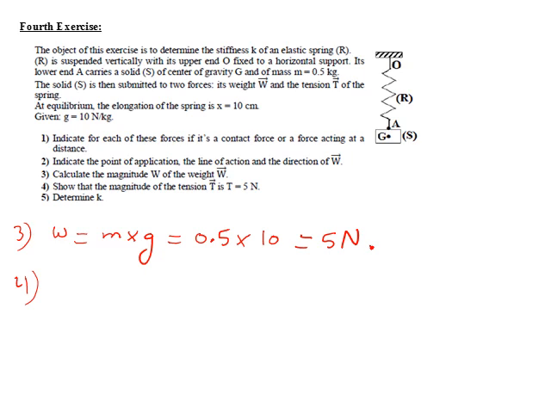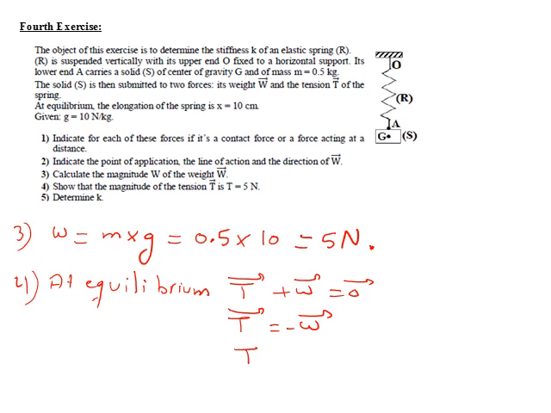Show that the magnitude of the tension T is equal to 5 Newton. At equilibrium, T plus W equals 0. So T vector equals minus W vector. T equals W equals 5 Newton.